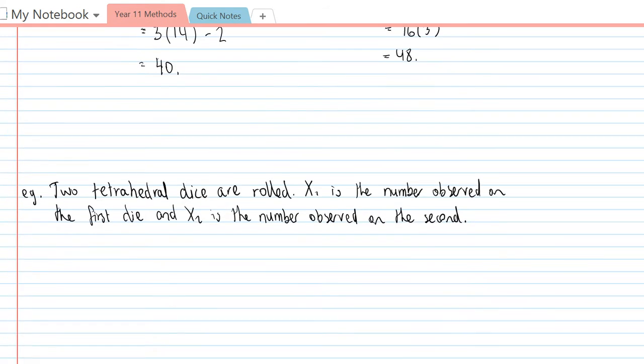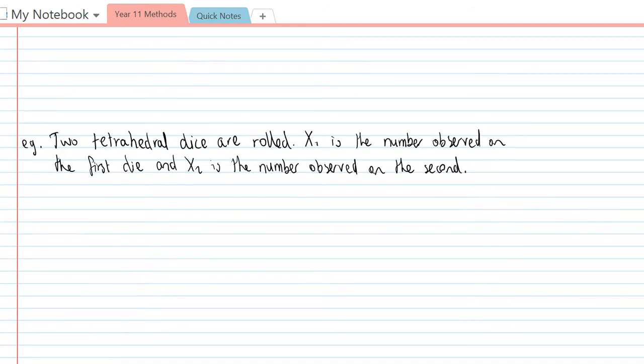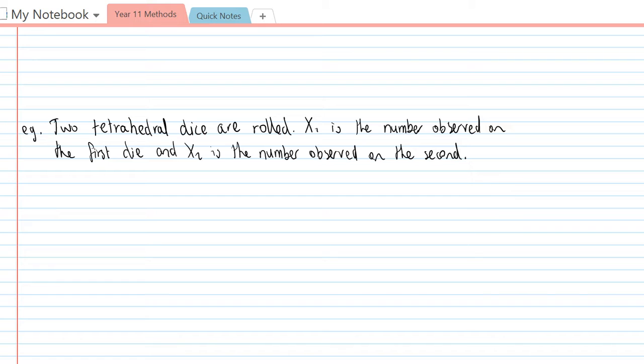Now, we have this next part, and this is going to help us to develop a couple of other rules. So I made the question a little bit nicer because I just didn't want to draw massive tables and stuff. So I've just got 2 tetrahedral dice. So that's a 4-sided dice. And so we have x1 is the number observed on the first die and x2 is the number observed on the second.